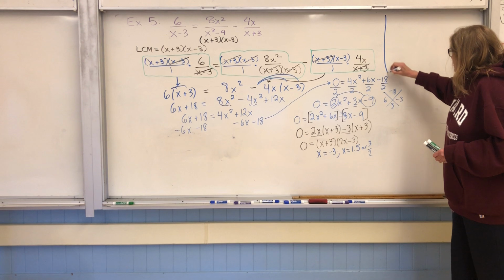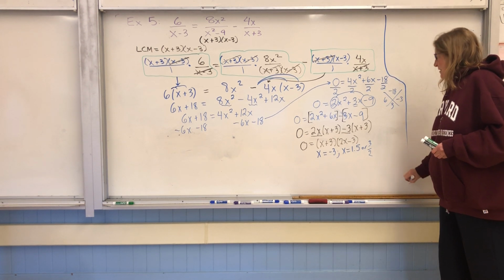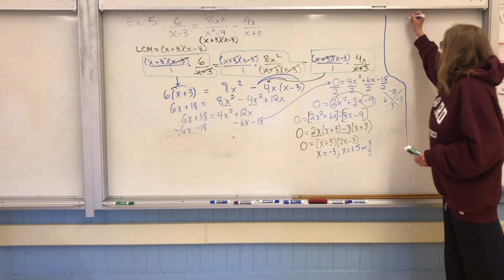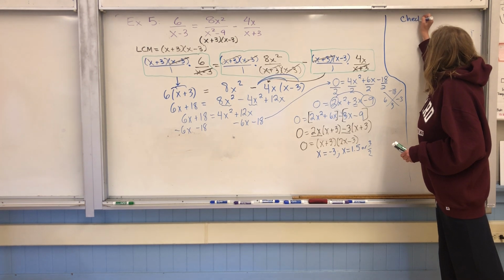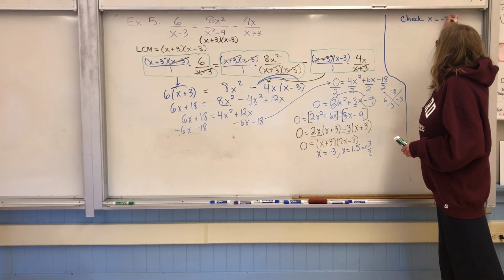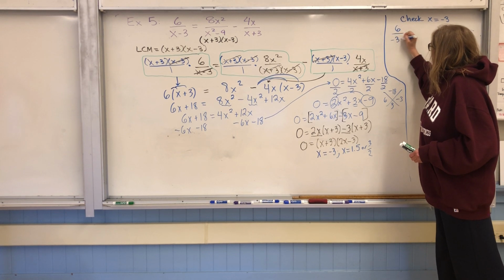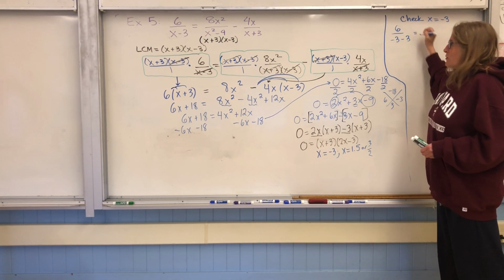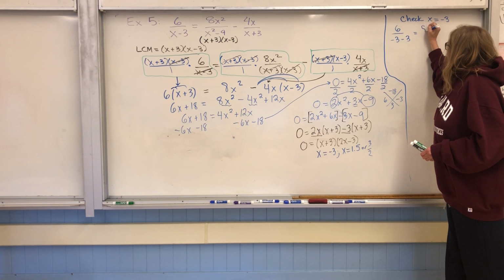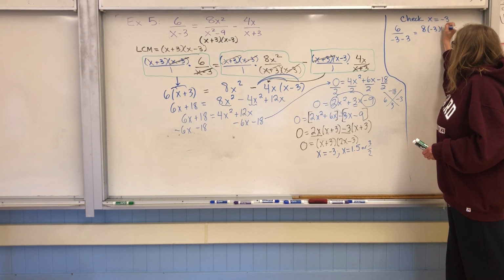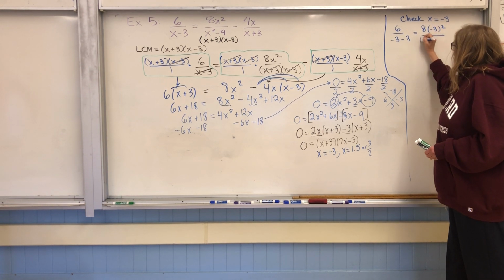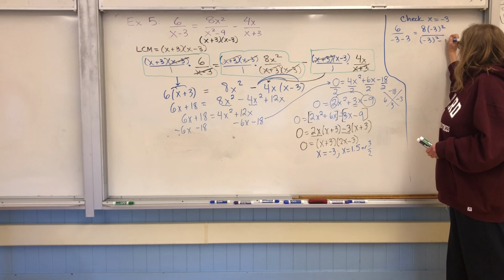We are now going to check these. Let's check x equals negative 3. So that means I'm going to go back and plug it in. 6 over negative 3 minus 3 equals, here it is, guys, big moment, 8 times negative 3 squared over negative 3 squared minus 9.